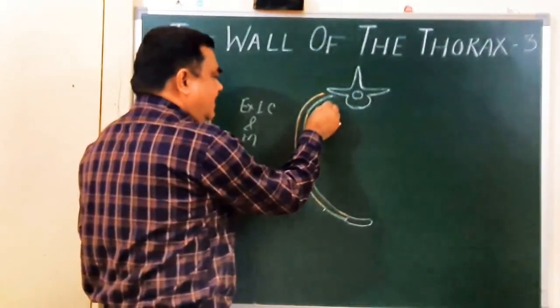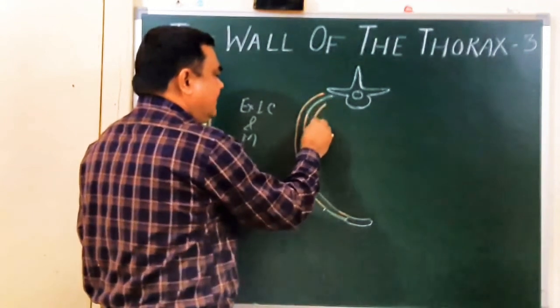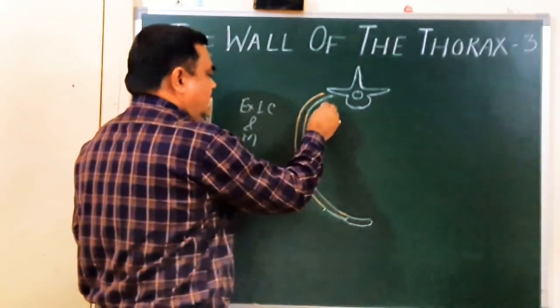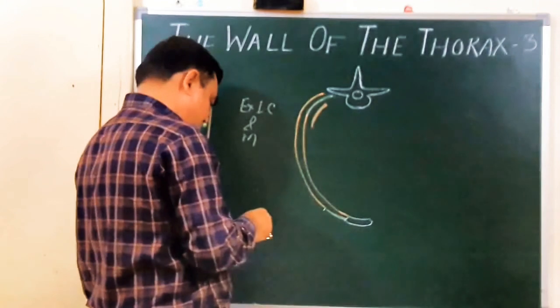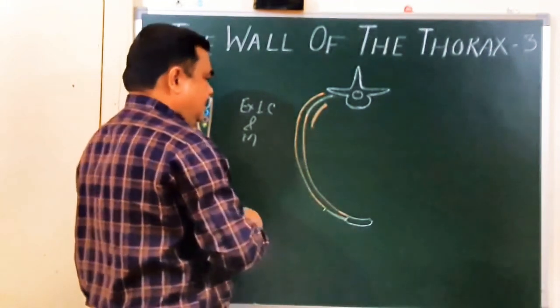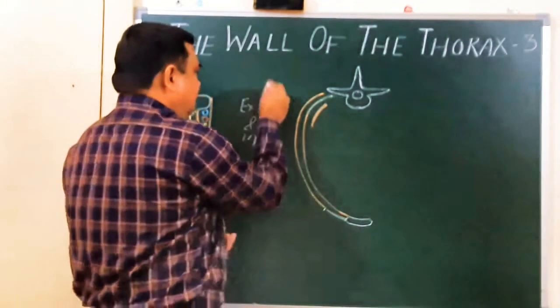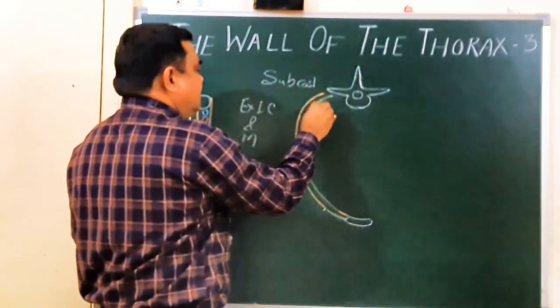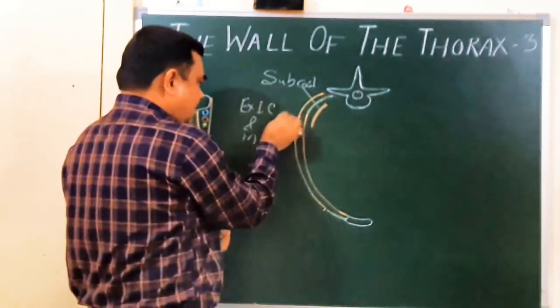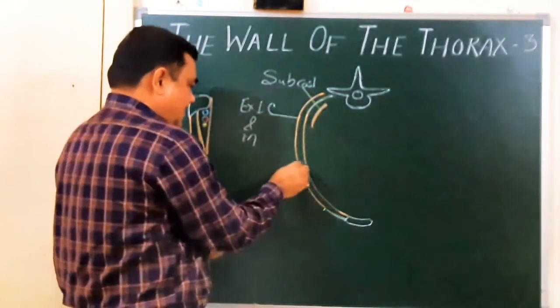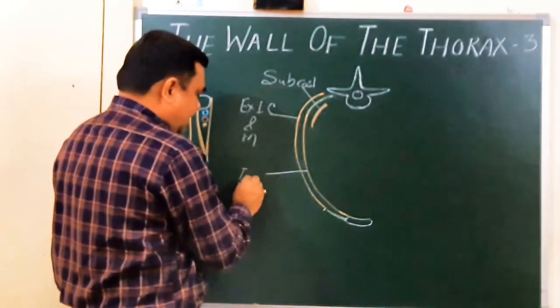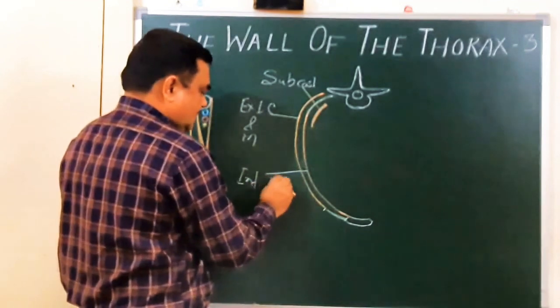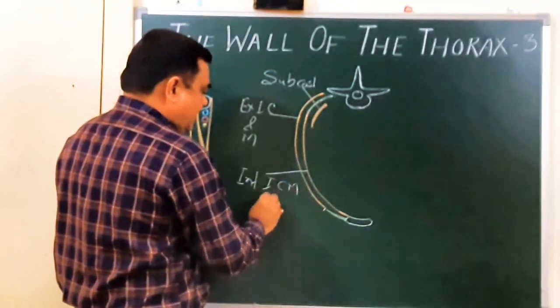At the level of the angle, this muscle is subcostalis. Here is the external intercostal muscle and membrane. Here is internal intercostal muscle and membrane.